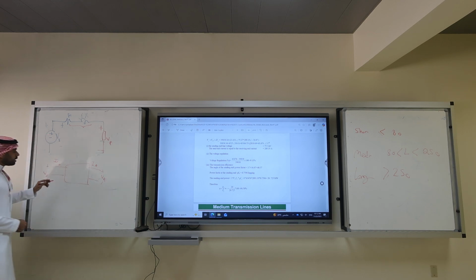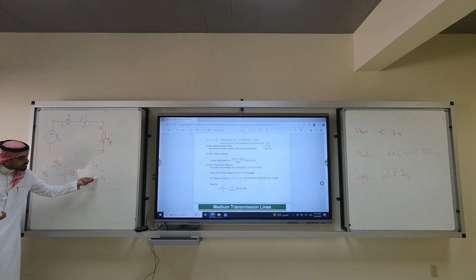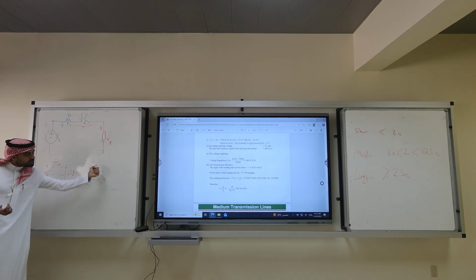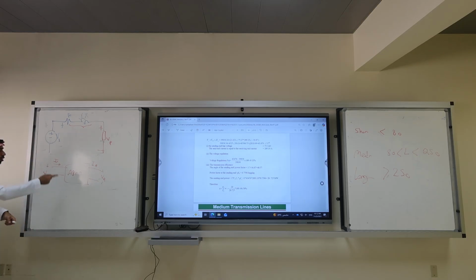So your goal in the ABCD is to get VS and IS as a function of IR and VR only. Why? To see if you change the load, how would that change the VR? How would that change the drawn current on your sending end?